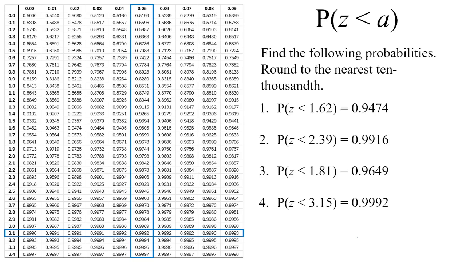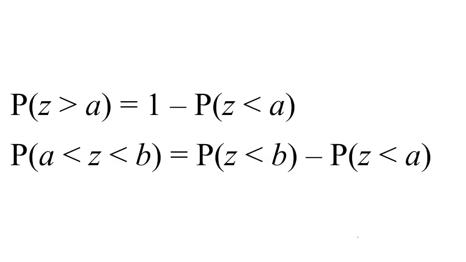Now also keep in mind that the z-chart only shows less than. So how do we find greater than, or between two z-scores? If you're looking for the probability that the z-score is greater than a, all you have to do is look at the z-chart, and whatever you get, subtract from 1.